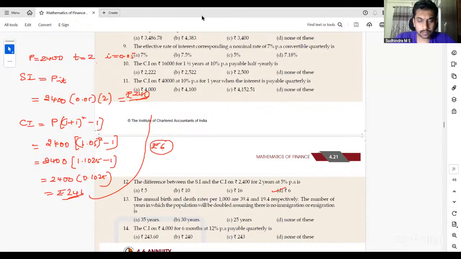Purnima, you have to recheck. Naveen Gowda, correct. Yes, Bhavish, correct.